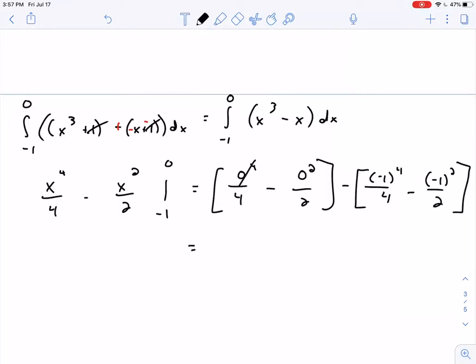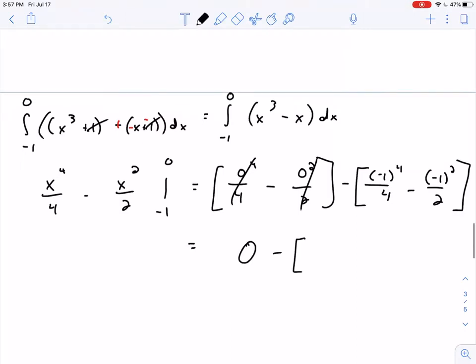So here 0 to the 4th over 4, that's just going to be 0, and 0 squared over 2, that's just 0. So I have 0 minus, let's see, -1 to the 4th, that'll be a positive 1 over 4, minus here, again, I'll have a positive 1 over 2 this time.